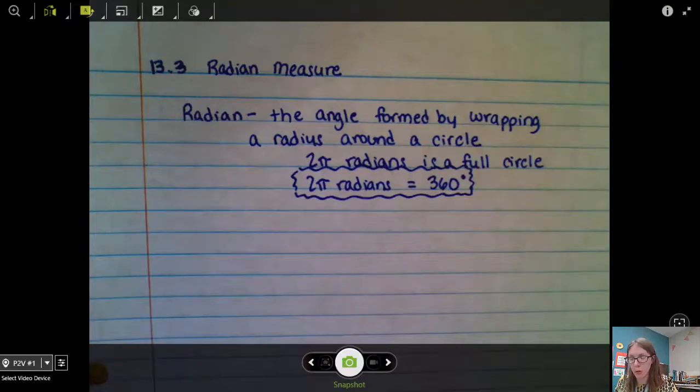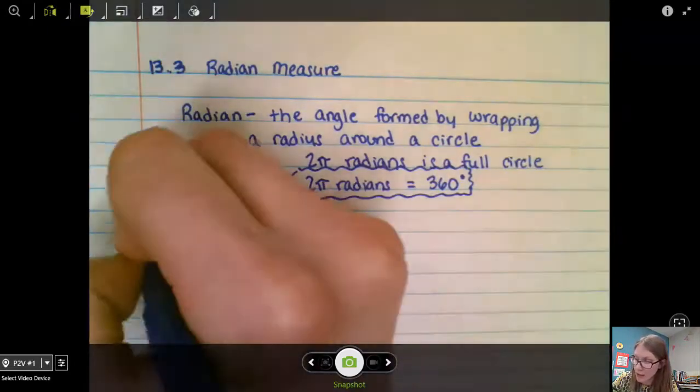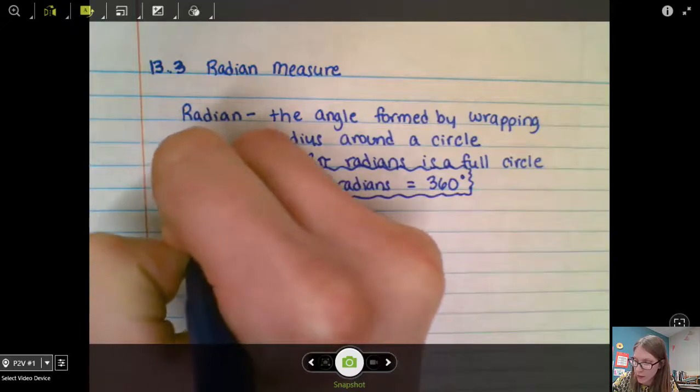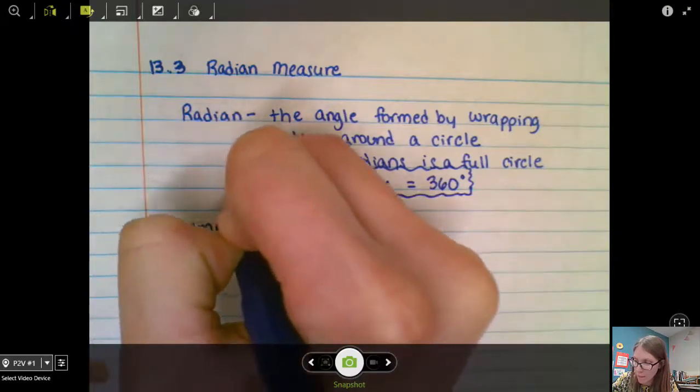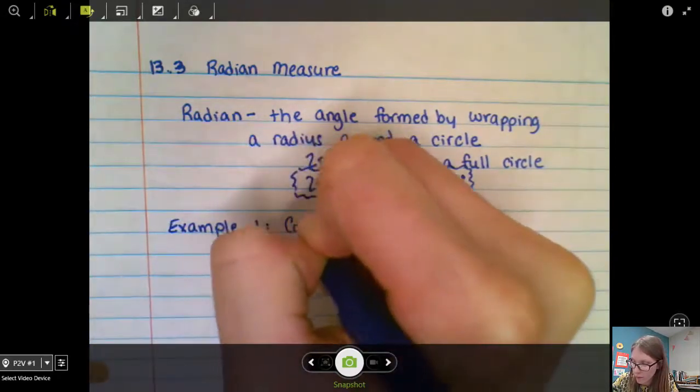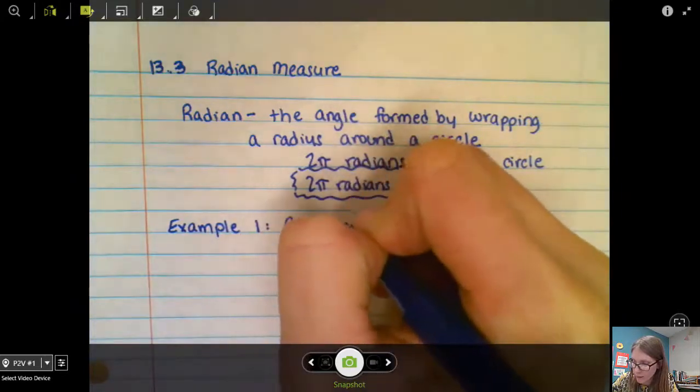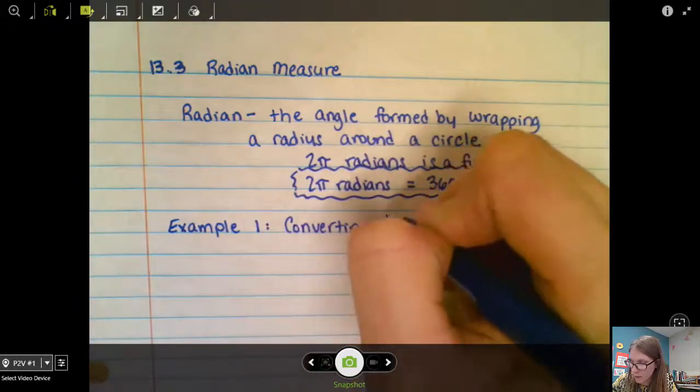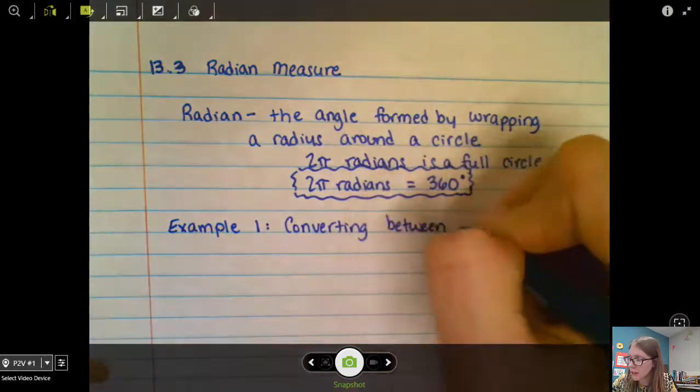So a lot of what we do here with radians, or at least to get us started with radians, is to convert between degrees and radians. So that's what we're going to see in example 1. Converting between degrees and radians.